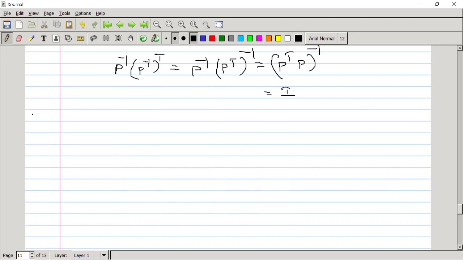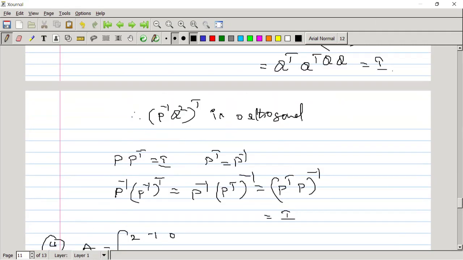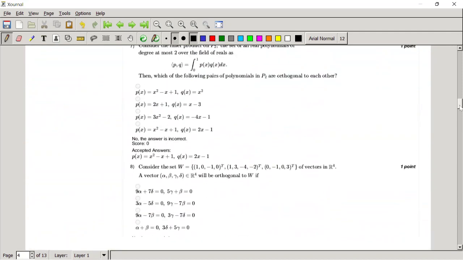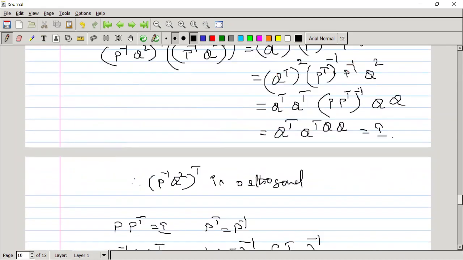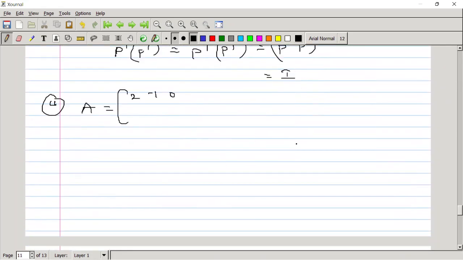This is the fourth problem, A equal to 2 minus 1 0, 3 minus 1 minus 2, minus 5 1 1. It is asked the range of eigenvalues of A.